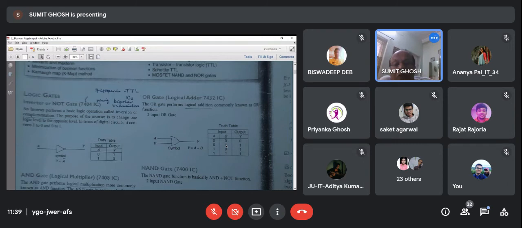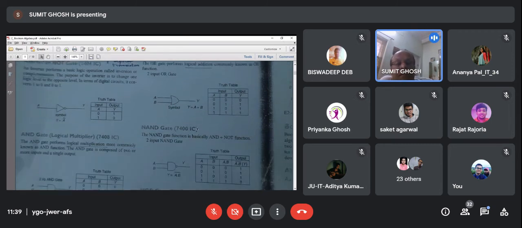Any means either B or A or both. If either B is high or true, or A is high or true, or both are high or true, then output is high. And if both are 0, that means both are low, logic low, then output is also logic low. This is the third fundamental gate or basic gate.